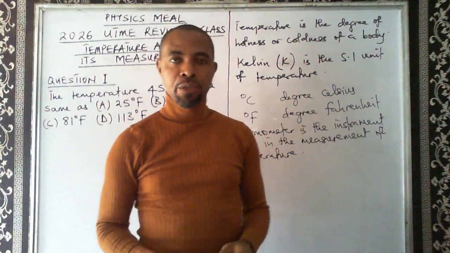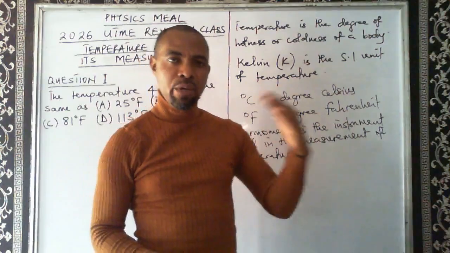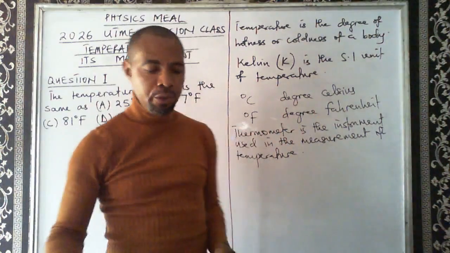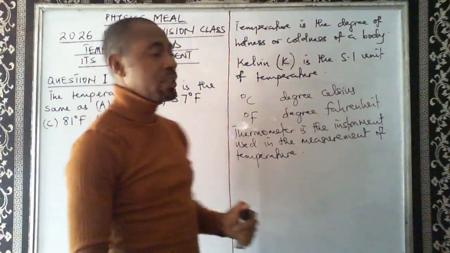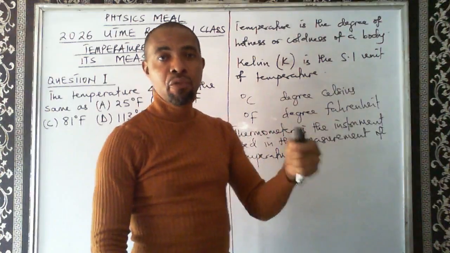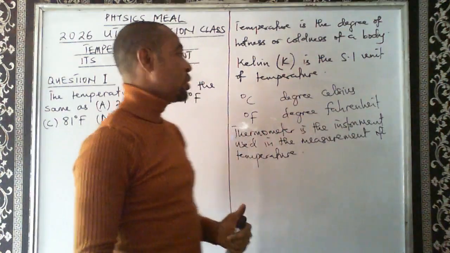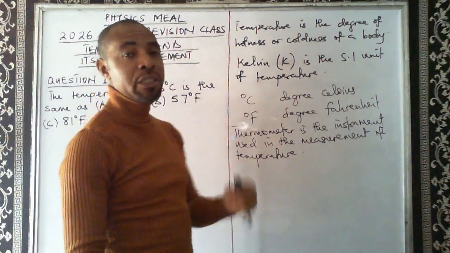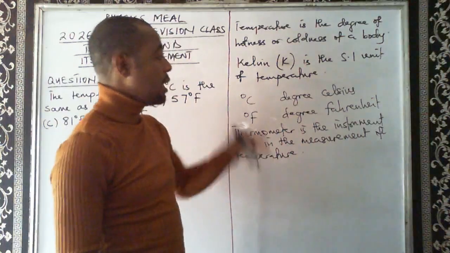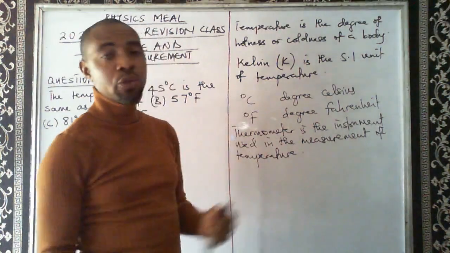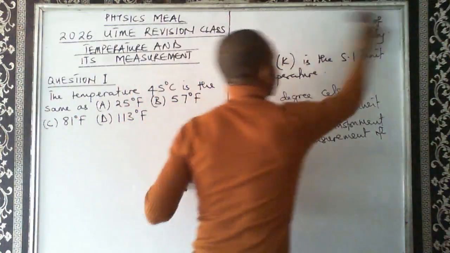We call them fixed points. We have the lower fixed point and we have the upper fixed point. So the lower fixed point and the upper fixed point are the two points that must be fixed before we can calibrate a thermometer. So we take this down.